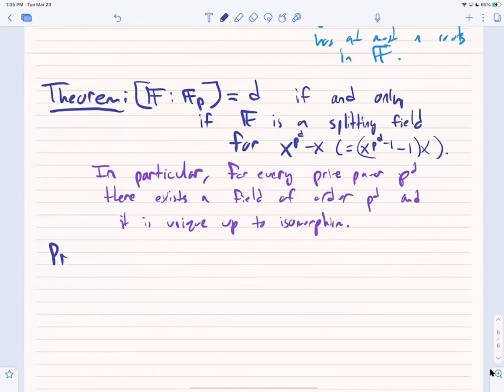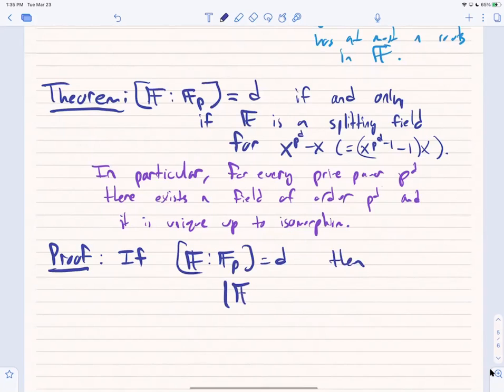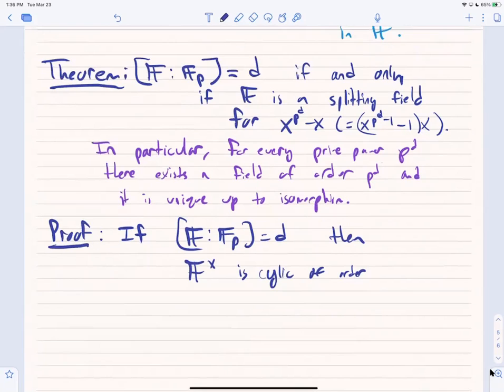So proof. Okay, so if the degree of F over F_p is d, then by the above, we know that F cross is cyclic of order p to the d minus 1.